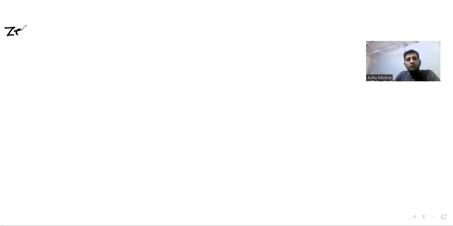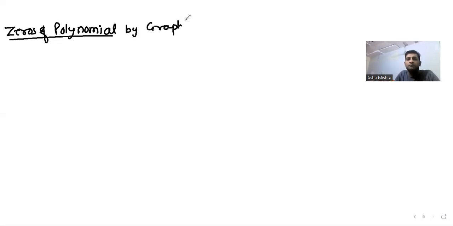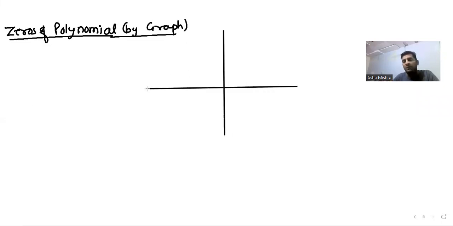Zero of polynomial by graphical method. एक बात को और याद रखना, अगर मैं आपसे ग्राफ लेके बात सुनना चाहूं, तो आपको पता है कि ये अगर आपका y एक्सिस होता है and this is your x axis, and this is your origin.